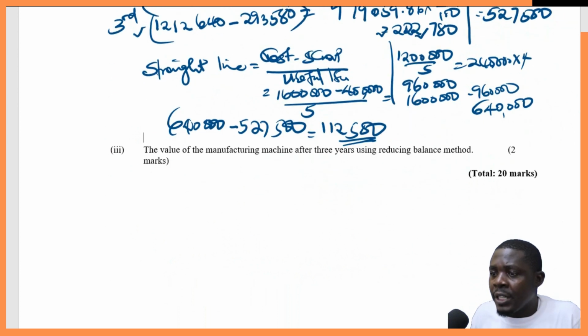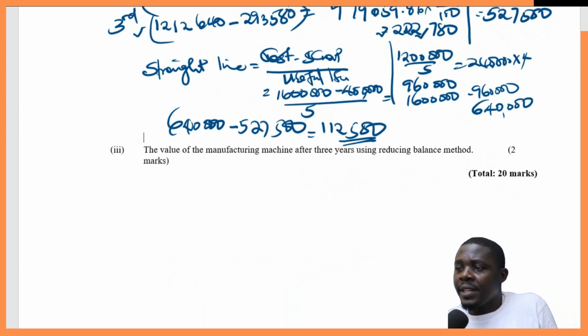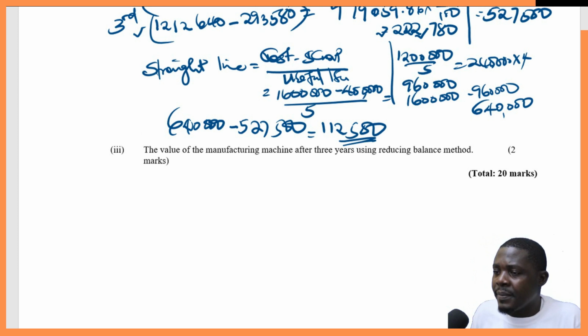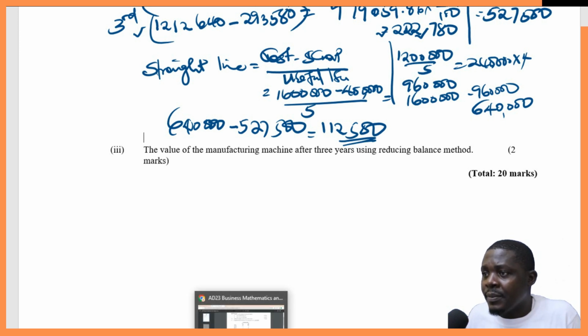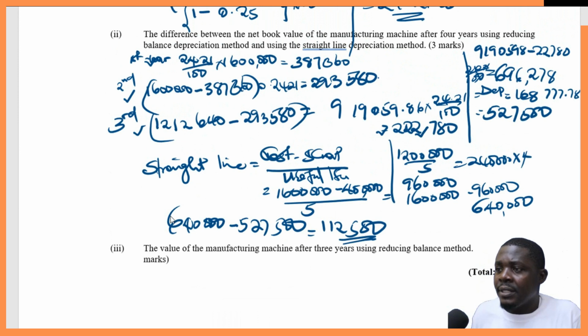And then lastly, the value of manufacturing machines after 3 years using the reducing balance method. In that case it becomes easy. This is the first year.